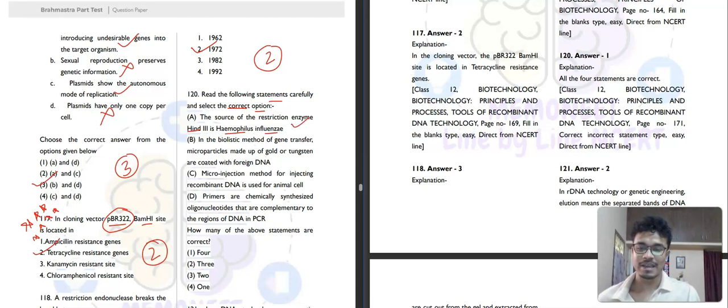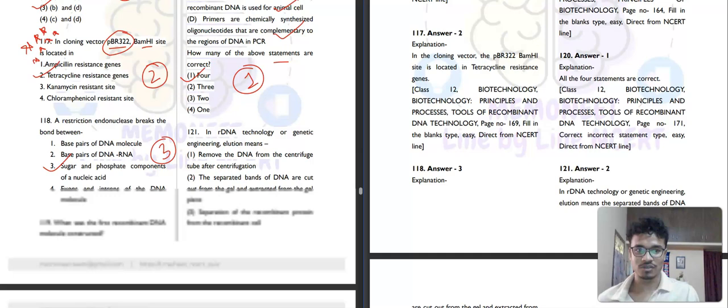In the biolistic method of gene transfer, microparticles made of gold or tungsten are coated with foreign DNA. Correct. The micro-injection method for injecting recombinant DNA is used for animal cells. Absolutely correct. Primers are chemically synthesized oligonucleotides that are complementary to the regions of DNA in PCR, that is polymerase chain reaction. This is also correct. So how many statements are correct? All are correct. So first option will be your correct answer.